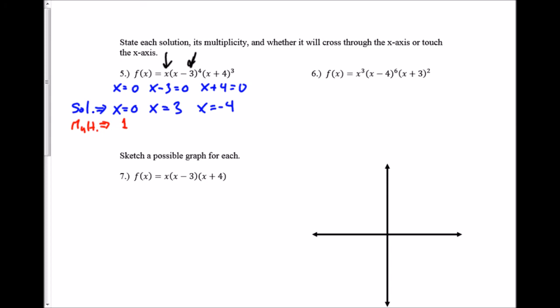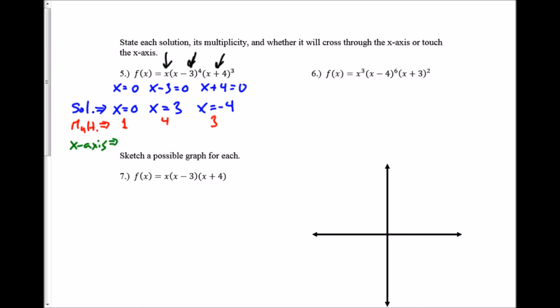In other words, that x minus 3, I would have that 4 times. So I would get that solution of x equals 3 4 times, so the multiplicity here is 4. And then the last one, the x plus 4, is being raised to the 3rd power, which means I would have that x plus 4 3 times, which means I would get the solution of x equals negative 4 3 times.